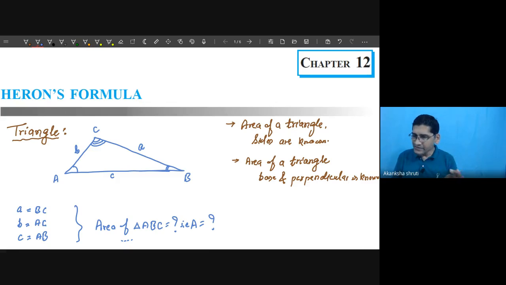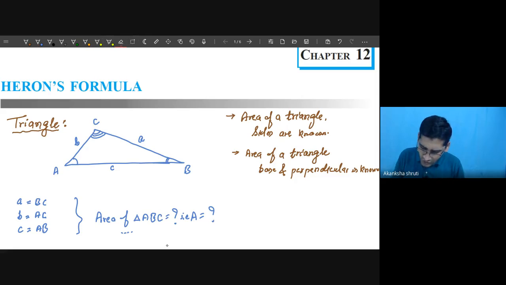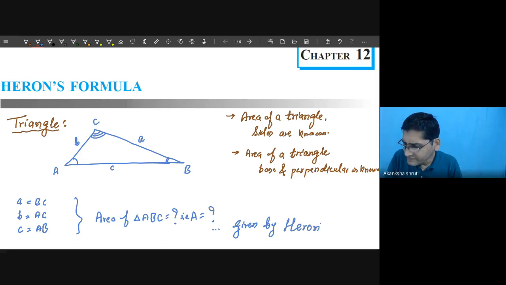So this calculation of the area of the triangle in terms of its side lengths is given by this Heron's formula.